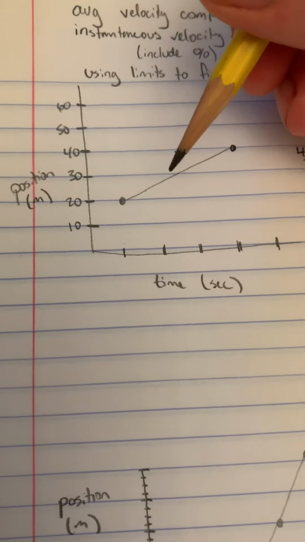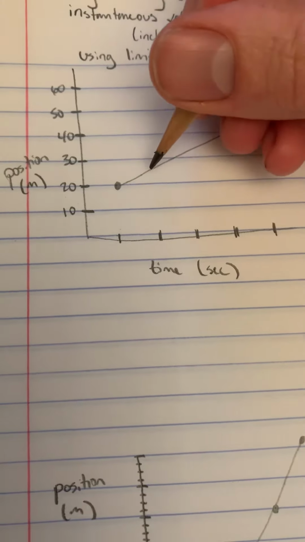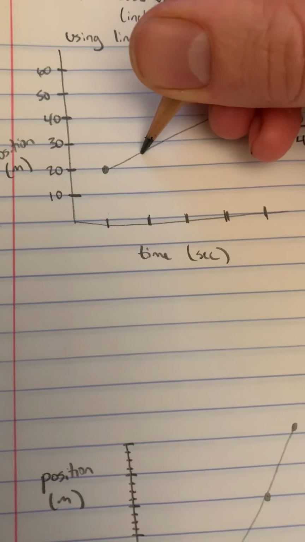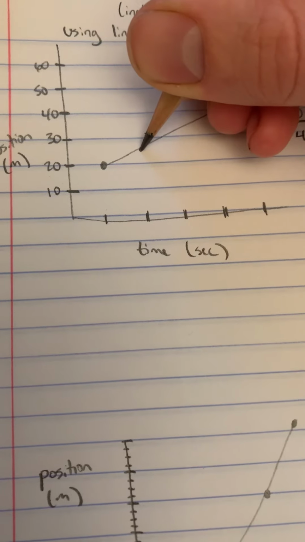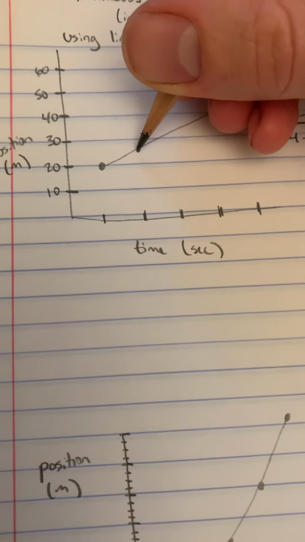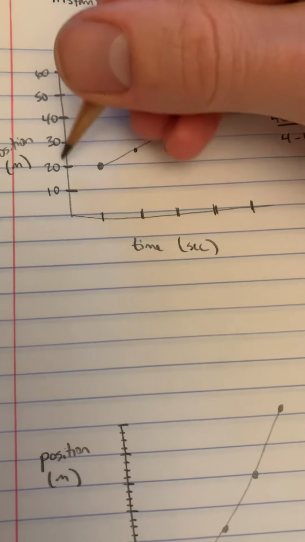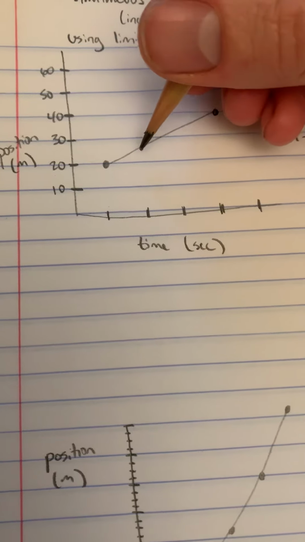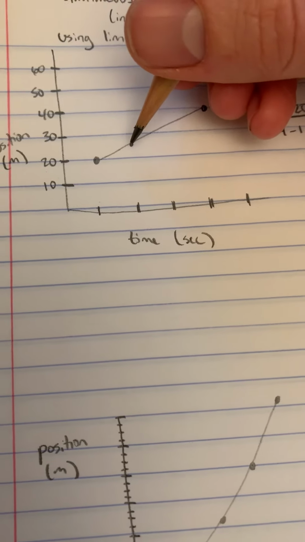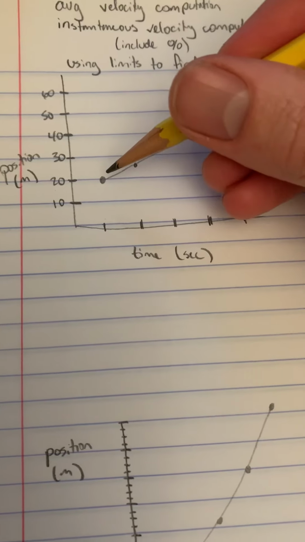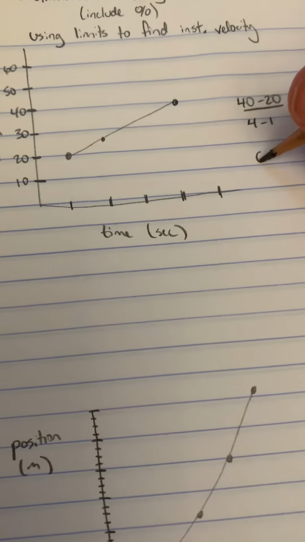If I want to find the instantaneous rate of change at time 2, well, at time 2, how much does my position change? If I'm looking right at time 2, my position doesn't change at all because I'm frozen, stuck in time. So my position would change 0.